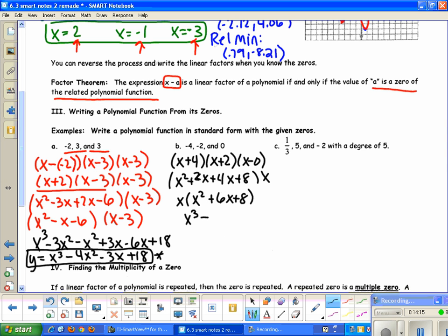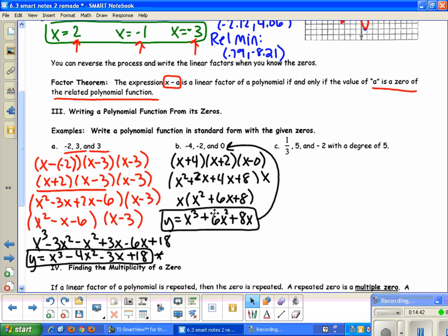So x cubed plus 6x squared plus 8x. And if I make that y equals, this right here is my new equation. So if I plug this into my calculator and find the zeros, I would notice that x equals -4, -2, and 0 would be the zeros of my equation.